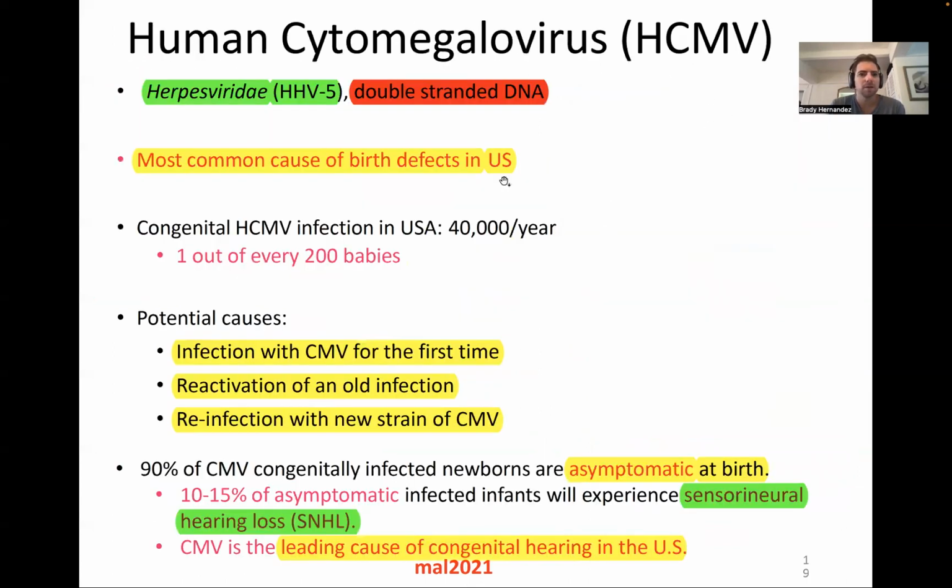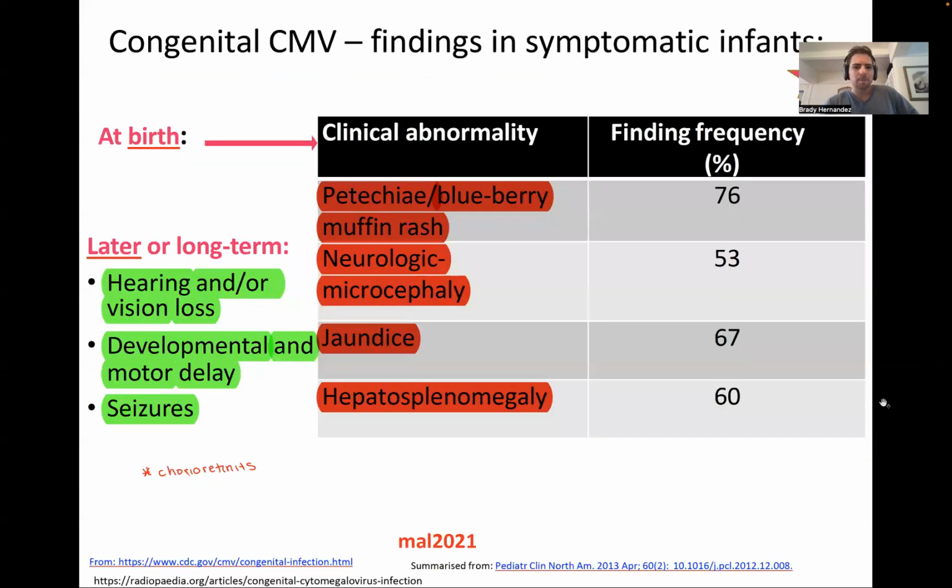All right, so these herpes viruses, CMV falls under the herpes viruses. Sensorineural hearing loss is the big thing there. I'm pretty sure you get eye problems as well. You get blueberry muffin rash, hearing and/or vision loss. So CMV is one that has hearing and vision problems. And I believe you get chorioretinitis with it as well.